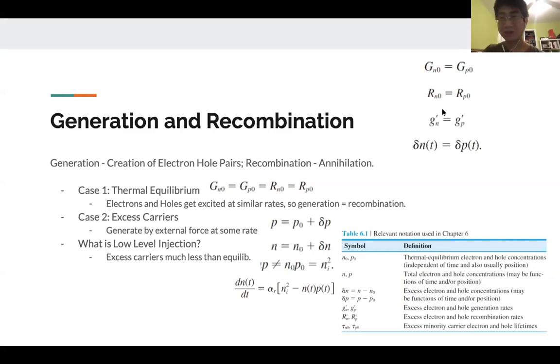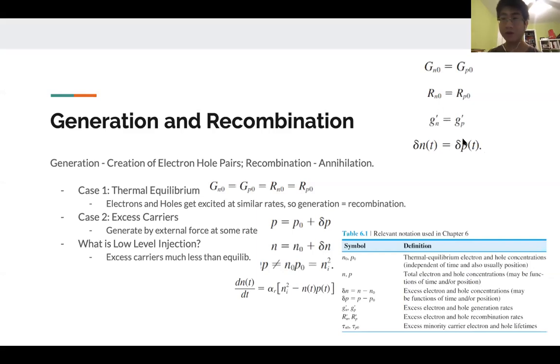Because generation and recombination happen in pairs, the generation rate and the recombination rate for holes is equal to the rate for electrons, as a result of this electron-hole pair duality.